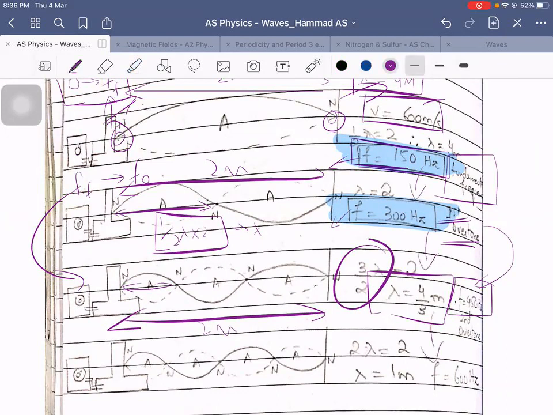All of these are multiples of the fundamental frequency. And from here, we could establish the fact that stationary waves will be formed at specific frequencies. Not all frequencies are able to produce a stationary wave.